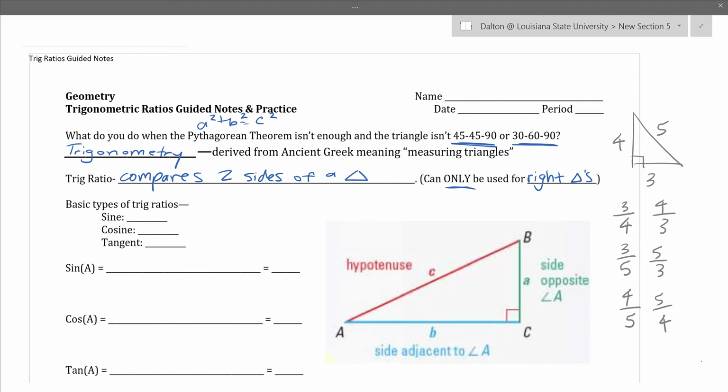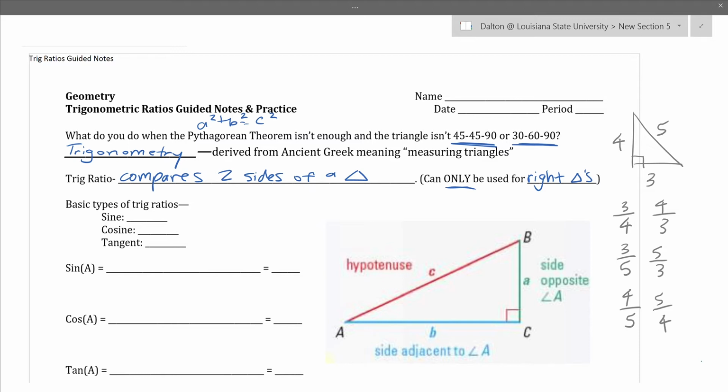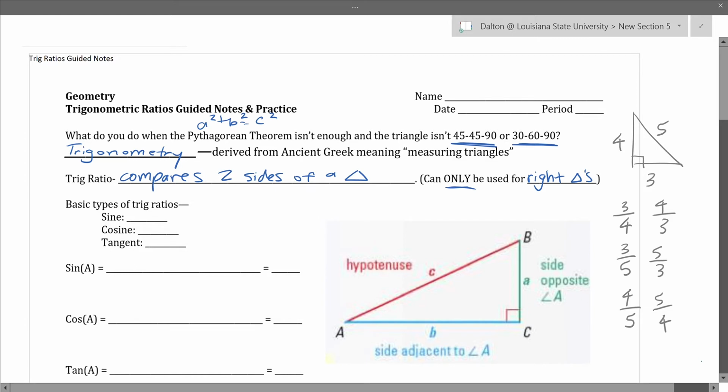So in math, we had to come up with a way for us to talk about these ratios without getting confused. That's where these three words are going to come into play: sine, cosine, and tangent. You may have seen these abbreviations on your calculator before. Sine is abbreviated as S-I-N. Whenever you see S-I-N, you still say sine, okay?